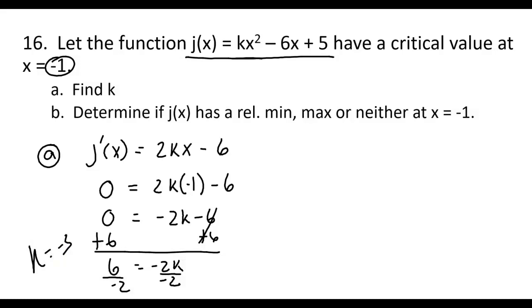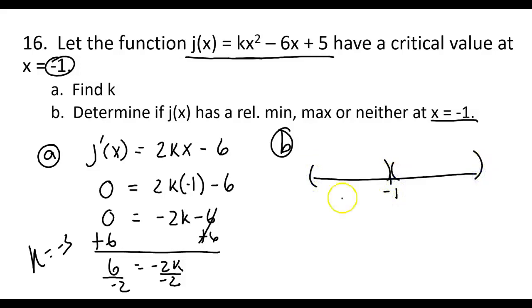Now, for part B, they want to know, is that critical value at -1 a relative min, max, or neither? Well, we're going to do our number line test. We're going to put -1 here. And what we're going to do is plug a number into our derivative that's to the left of -1, and a number that is to the right of -1.